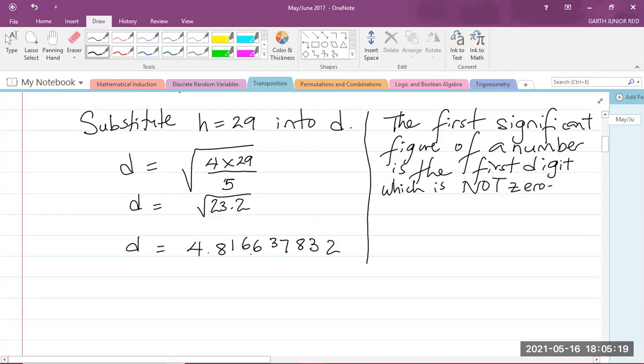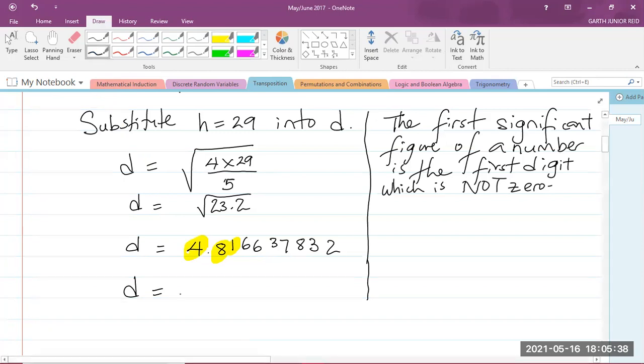With that being said, the first significant figure here is 4, then 8, and then 1.